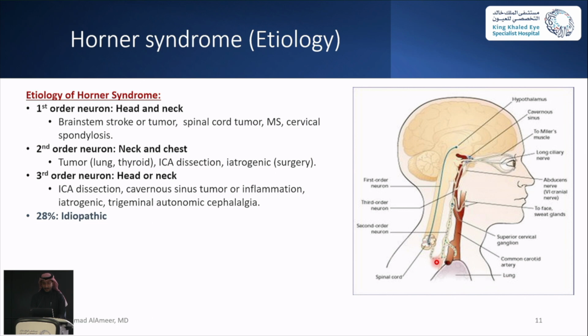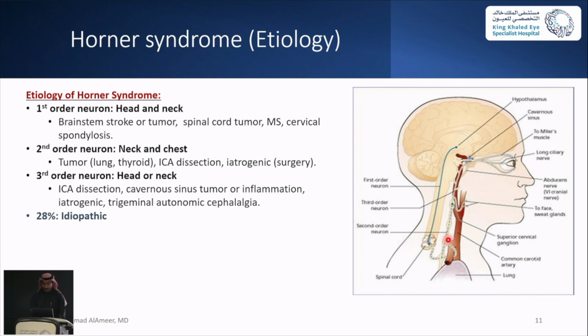It exits the spinal cord, travels at the cervical sympathetic chain through the brachial plexus, and then over the pulmonary apex here. All right, so if you have any problem in the lung here, it might cause Horner.